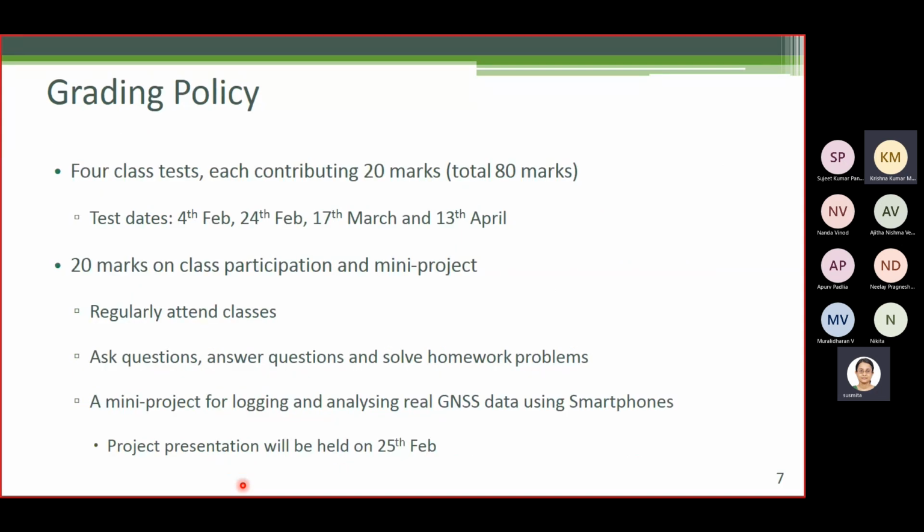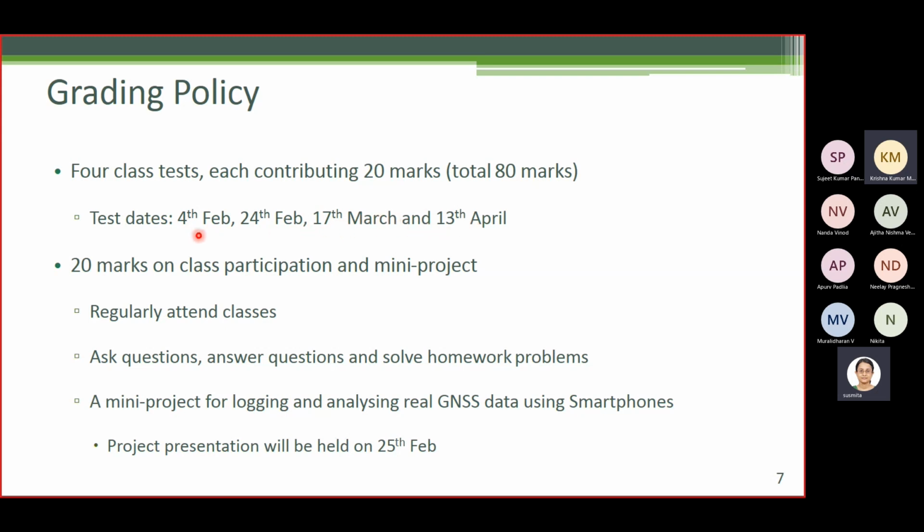Okay. Next is grading policy. In this class, we will have 4 class tests, each contributing 20 marks. So a total of 80 marks will come from 4 class tests, and the test dates are also given here: 4th February, 24th February, 17th March, and 13th April.